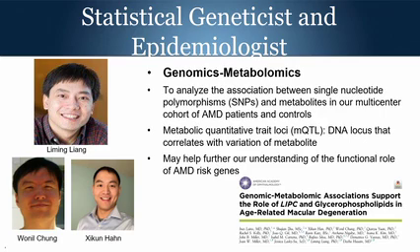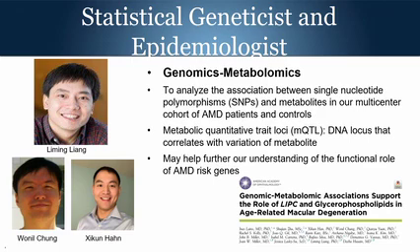I have already talked about the fact that we knew a lot about genomics, but how these genes function is something we did not understand. So we asked the question, can metabolomics actually help us understand the functional role of AMD risk genes? For this, I collaborated with our statistical geneticist at the Harvard School of Public Health, who was one of the people in the original AMD consortium, and his postdocs.